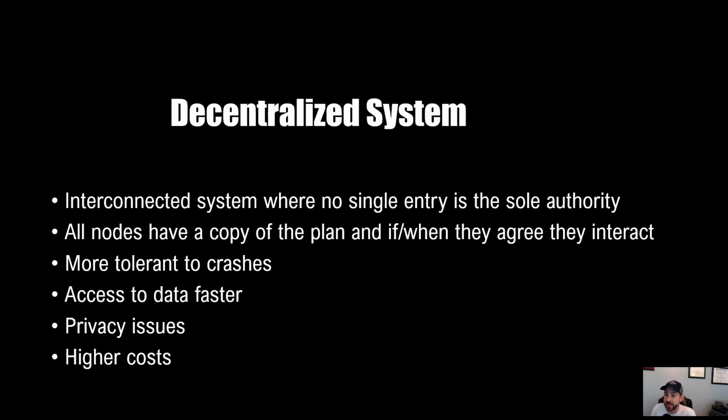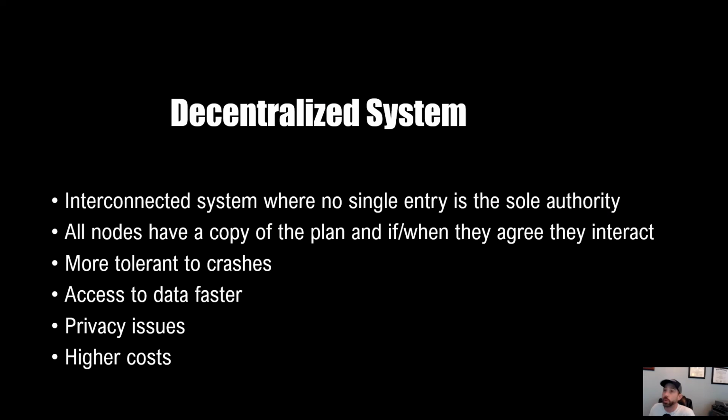So it's an interconnected system where no single entity is the sole authority, right? So not one person is the sole authority, and all nodes have a copy of the plan. And if and when they agree, then they interact. This is much more tolerant to crashes because if one node goes down or a few nodes go down, the system doesn't stop. It accesses data faster, right?